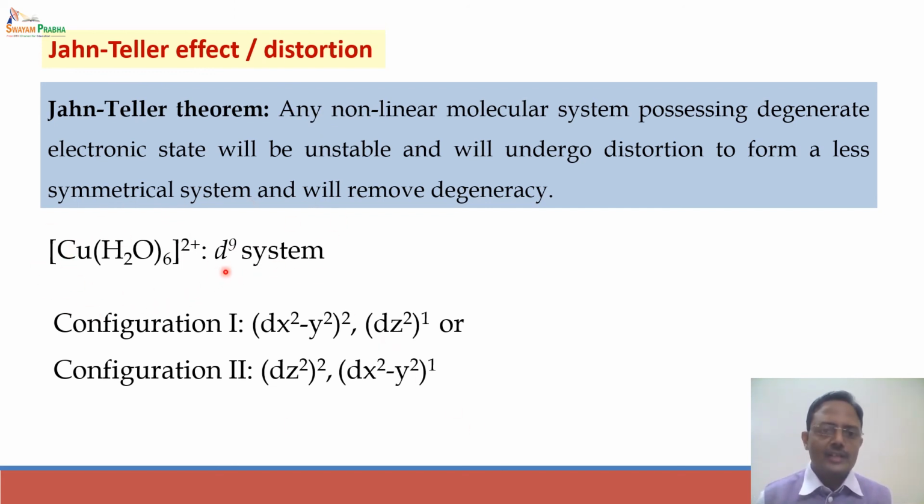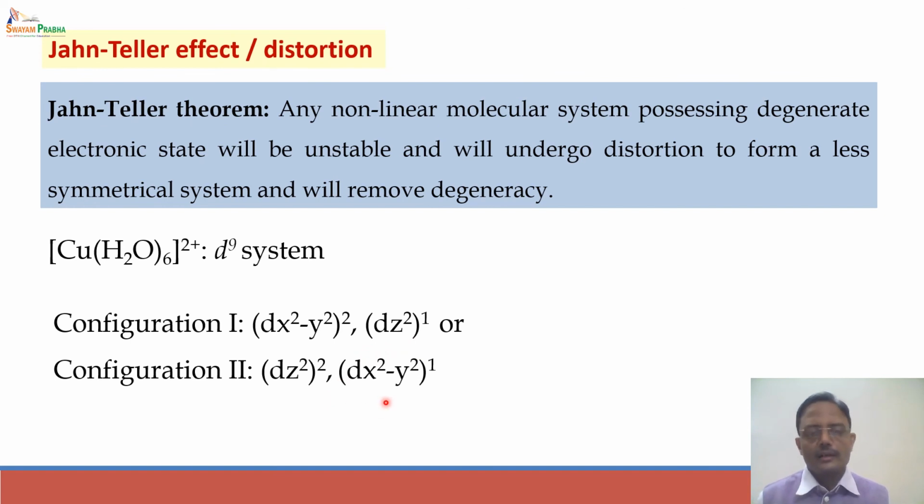Now, since it is a d9 system, it has to have t2g6 and eg3. So there are 3 electrons in eg orbitals. Now eg orbitals are dx2-y2 and dz2. So out of the 3 eg electrons, 2 can go to dx2-y2 and 1 can go to dz2, or 2 can go to dz2 and 1 can go to dx2-y2.